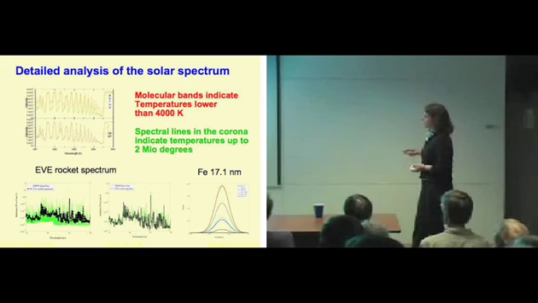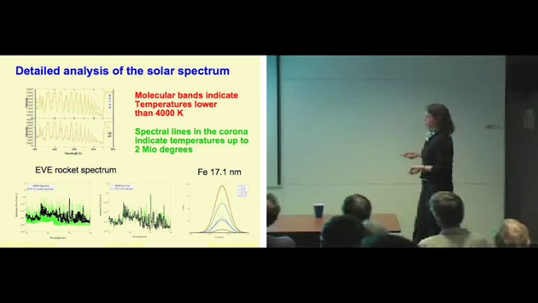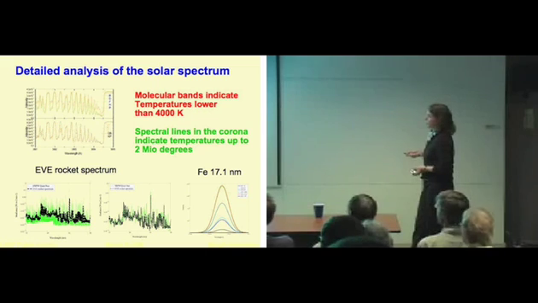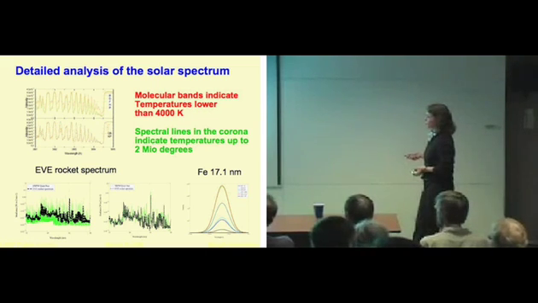Now, these are calculations done in the extreme ultraviolet. The blue lines are calculations we have done, and the black lines are the observation. If we are able to match the observations with our calculations, we are pretty sure that we understand at what density the light is formed and at what temperature.